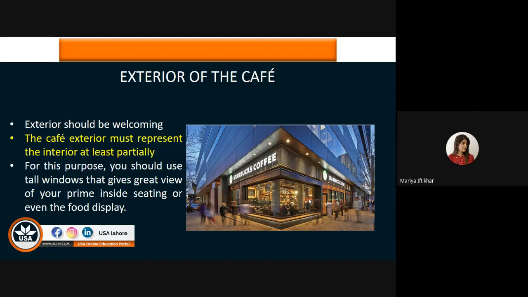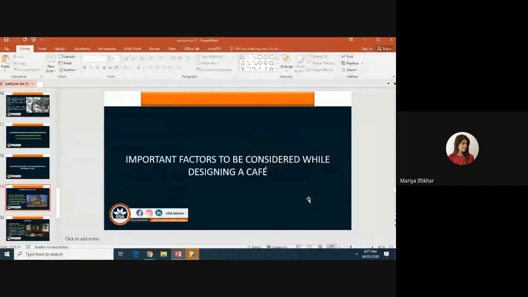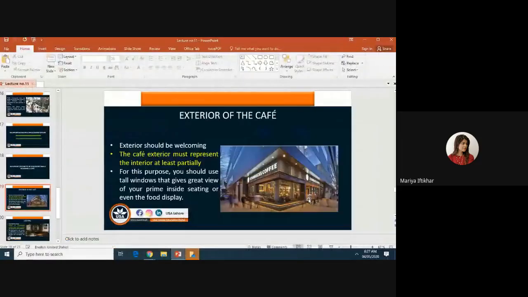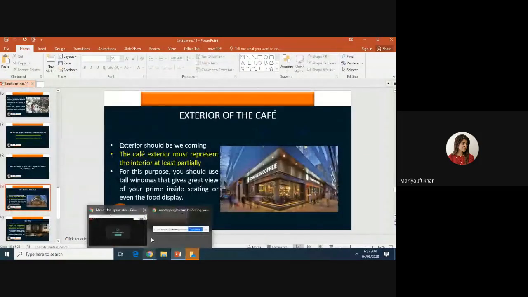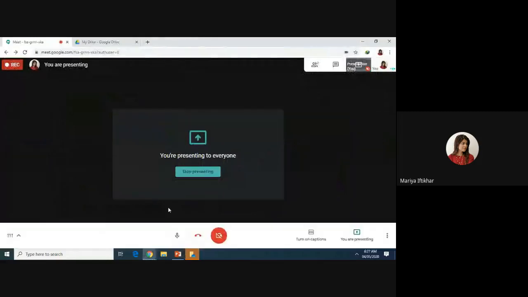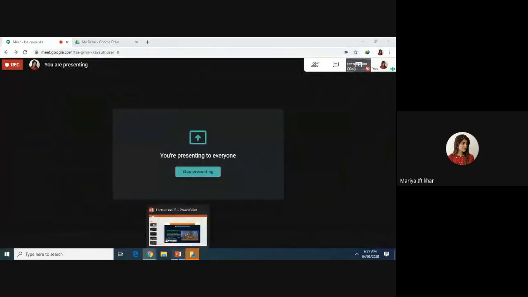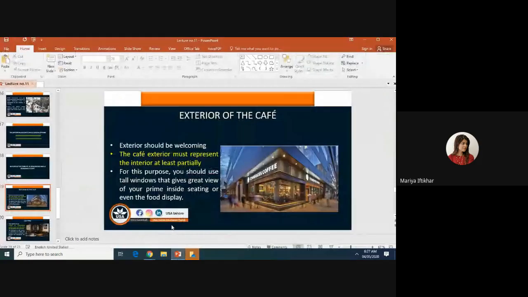Plus you can also incorporate different kinds of seating arrangements outside too, and it also helps in customer attraction, plus it also enhances the ambience of the cafe.